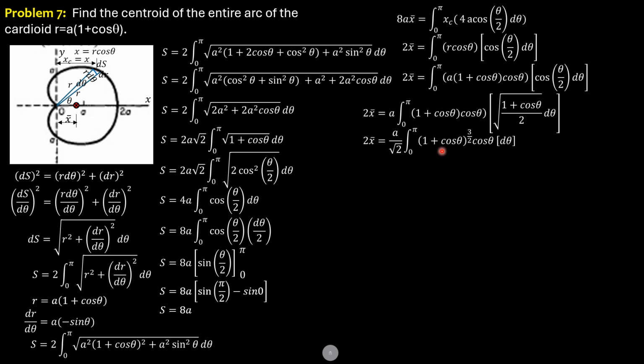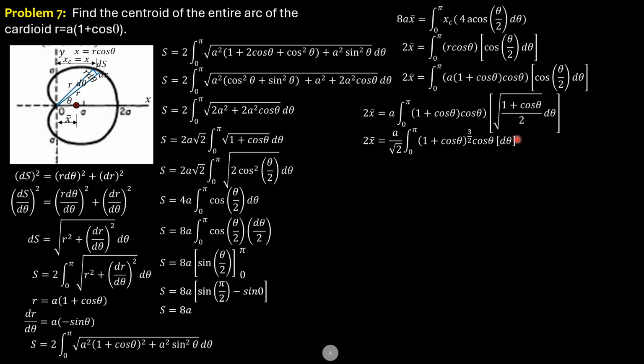Then this is again replaced by its identity, which is 2 cosine square theta over 2. And cosine theta is 1 minus 2 sine square theta over 2, because 2 sine square theta over 2 is 1 minus cosine theta.